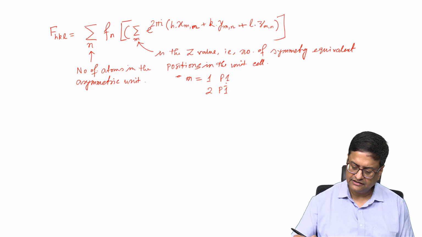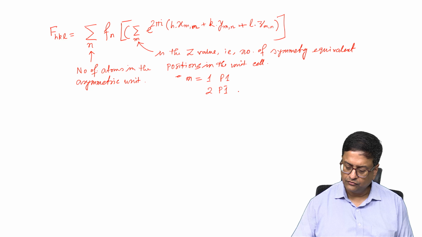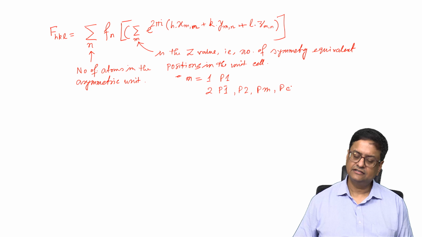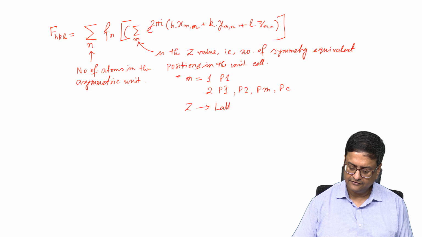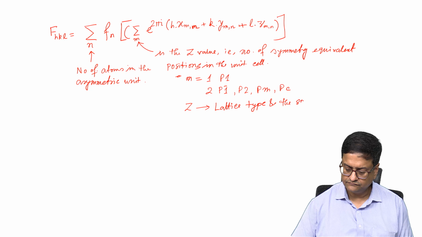It can be 2 in case of P2, Pm, Pc, etc. And as you know, the Z value depends on the lattice type and the symmetry associated.